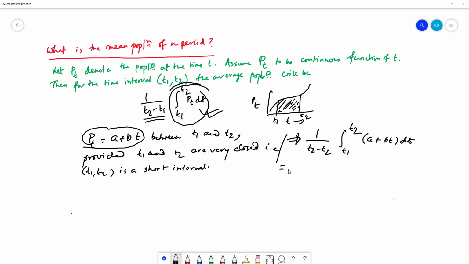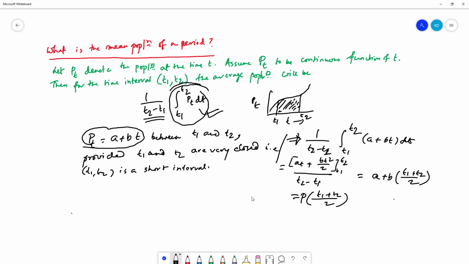After integrating, we get a plus b times (t1 plus t2) by 2, and we denote this by P of (t1 plus t2) by 2, the population at the midpoint of the time interval.